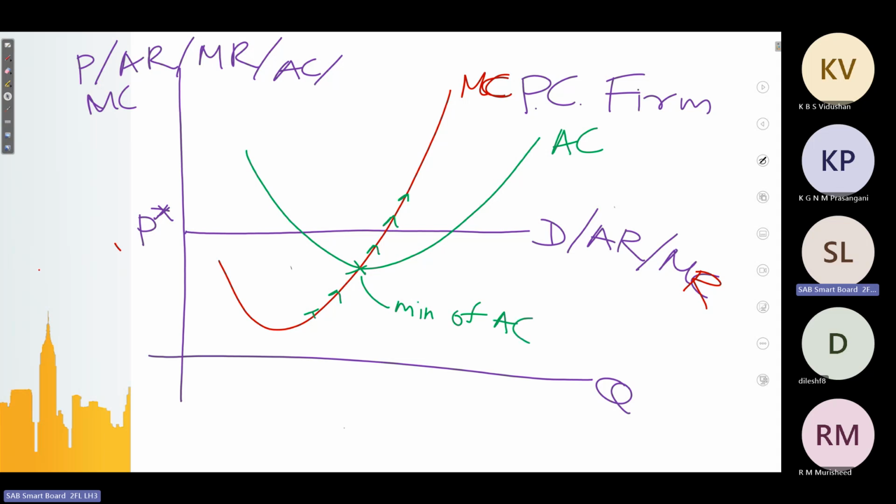So in examination or anywhere else, when you are drawing average cost and marginal cost curves, this condition should be satisfied. At that point, average cost and marginal cost values are equal.